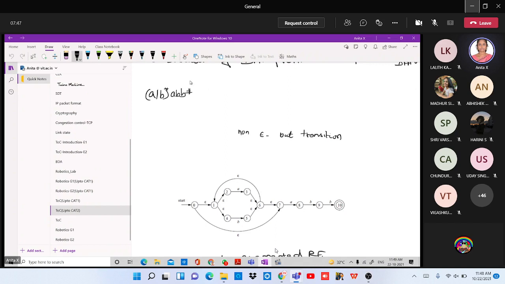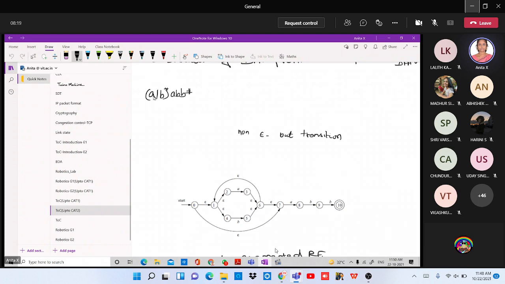The reason is that when we construct the NFA, we have to identify the important states. What is an important state? A state with a non-epsilon outgoing transition is considered an important state. Here, the final state is also an important one, but it does not have any non-epsilon outgoing transition. Because of that, we make it an augmented grammar by concatenating a hash.